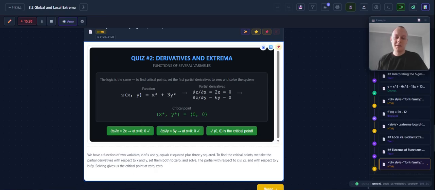So our critical point will be such a point that x and y are both equal to 0. If you have more than one variable, we have to count both variables to find the critical point. So our extrema point is 0 and 0.